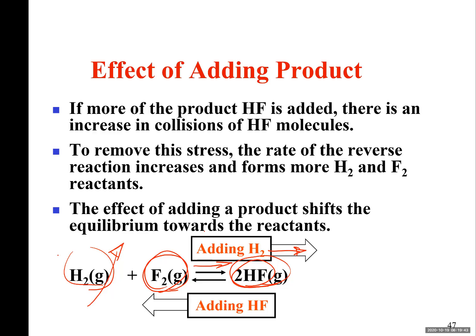So there are only two ways equilibrium can move. Either go forward or backward, right? That's all. If it goes forward, it will consume H2. And that's what equilibrium wants to do. Equilibrium wants to counteract what we did. But it has to go to the right, to consume H2, to make more HF.